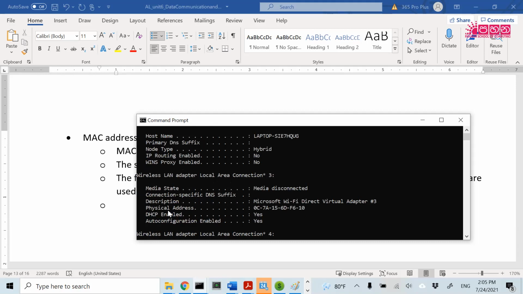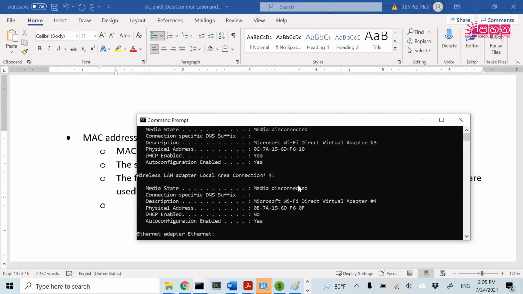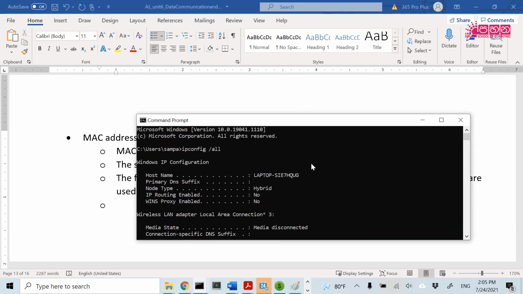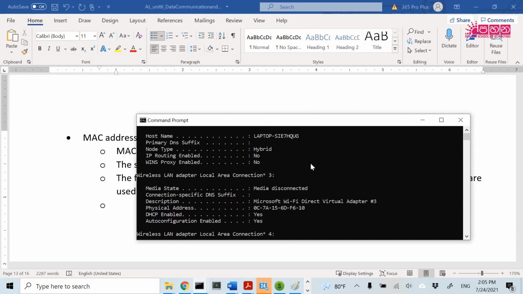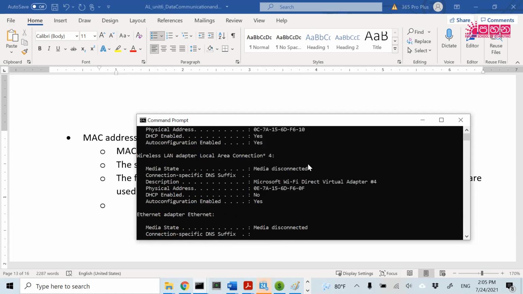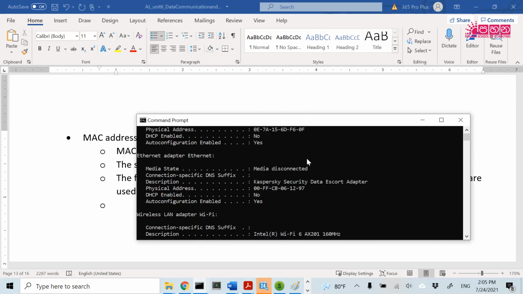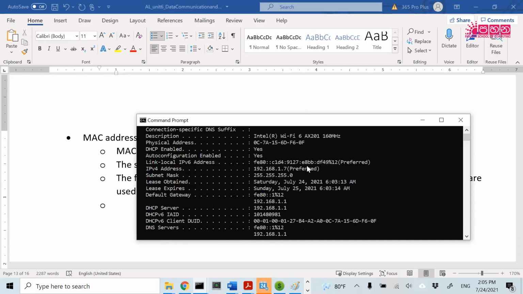Then it says physical address. So this is my physical address. This will give you an idea of what exactly we will have. There is another set: local area network, Ethernet adapter, physical address, LAN adapter.